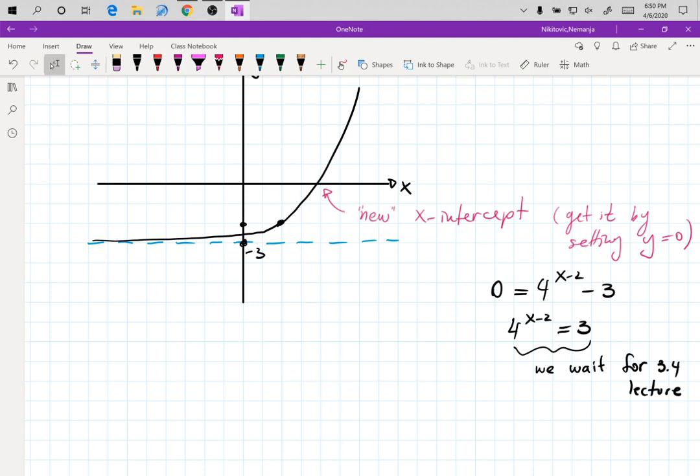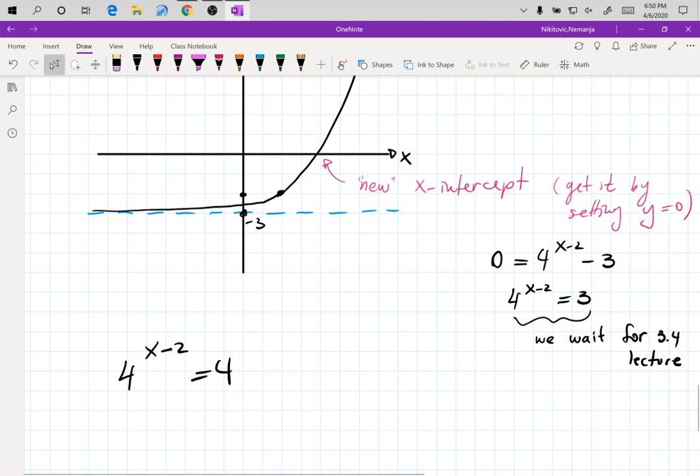I'm going to erase this. I'm just going to put this because it's a very simple, common sense thing. If you had 4 to the x minus 2 equals 4, this one doesn't require any special witchcraft. You can just compare two sides, because this is 4 to the 1. Because the bases are the same, that means just x minus 2 equals 1 and x equals 3.